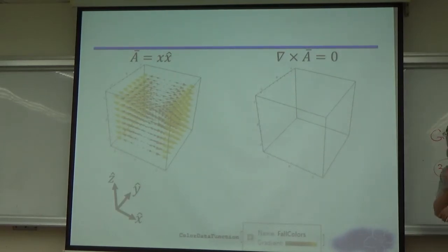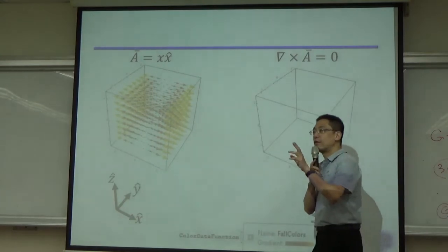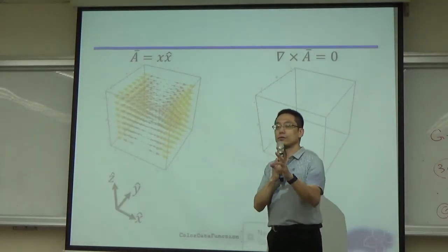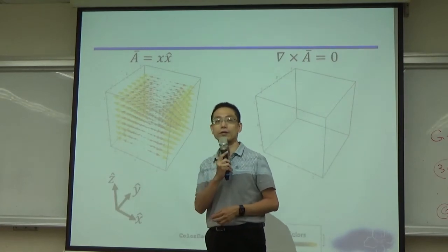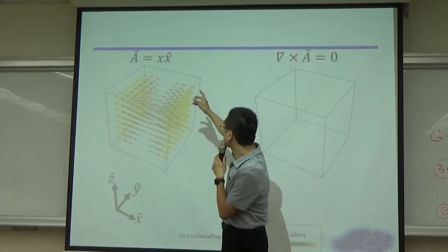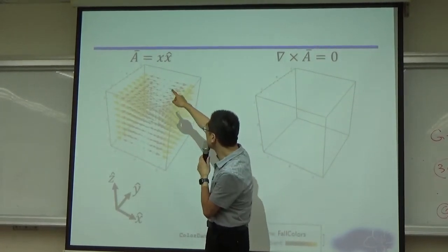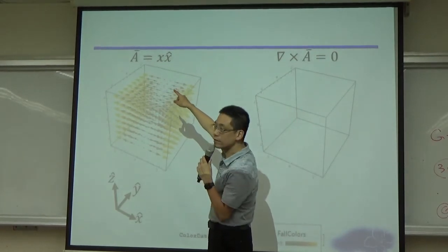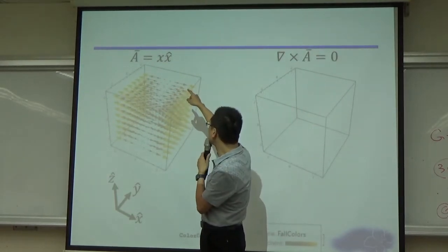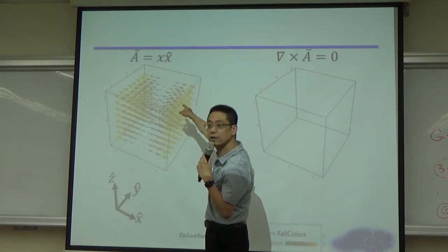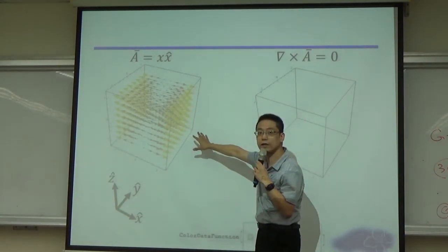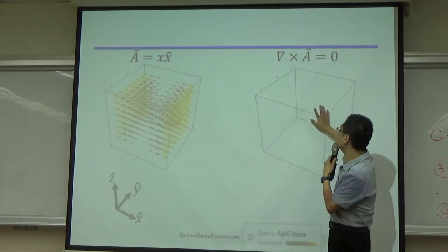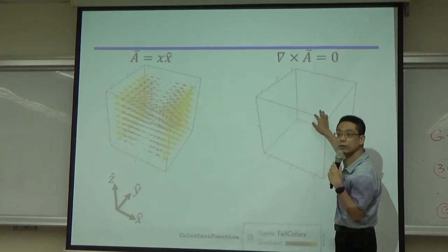Okay. I assume all of you already understand how to apply the curl operator. Then you will find out that if the vector x equals x times the unit vector of x, and you take a curl of this vector, it will become 0. Right?